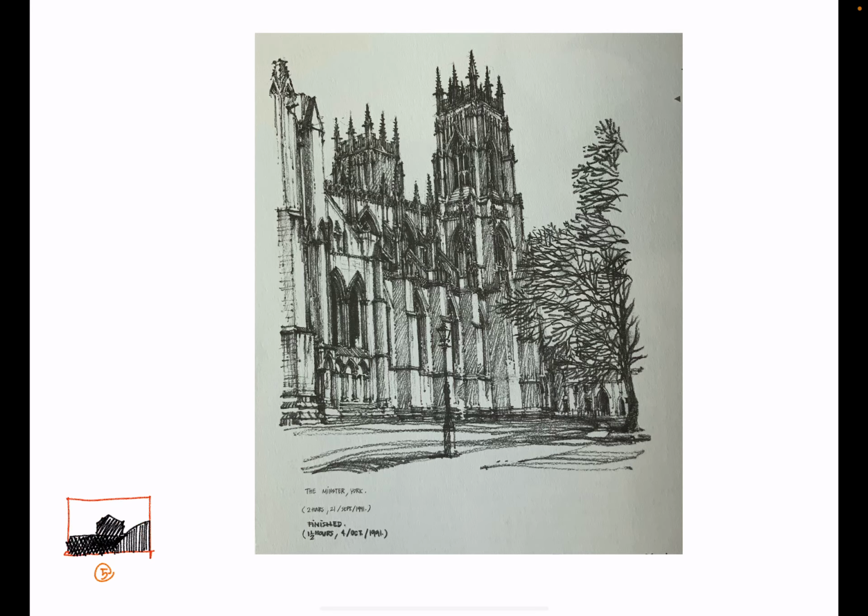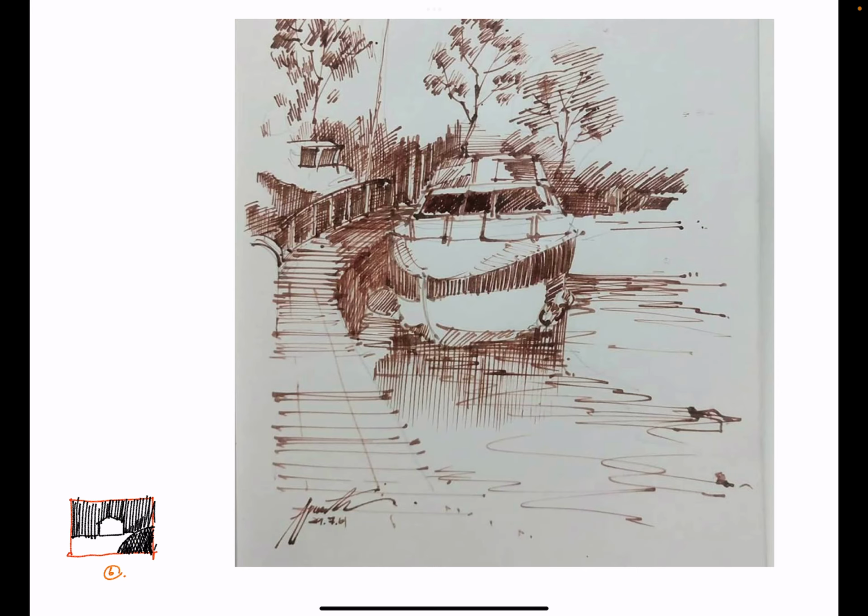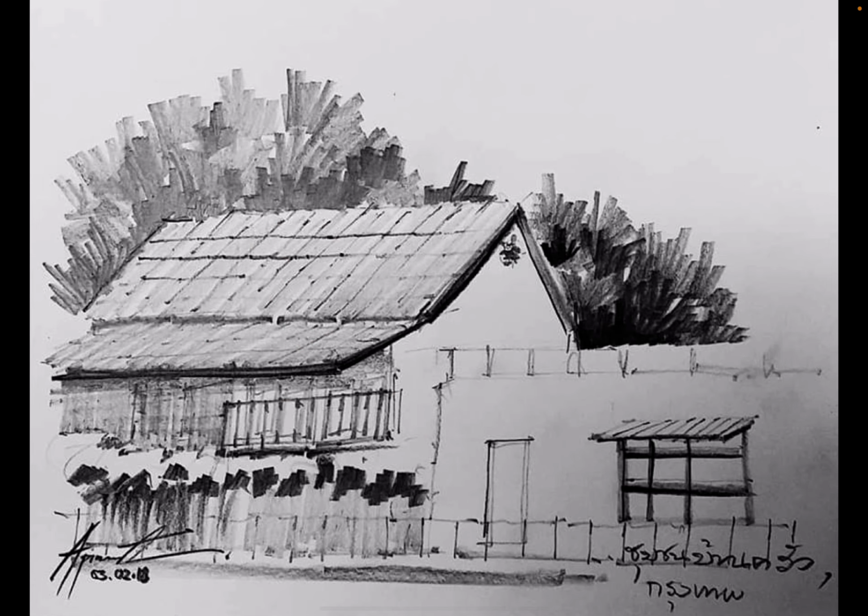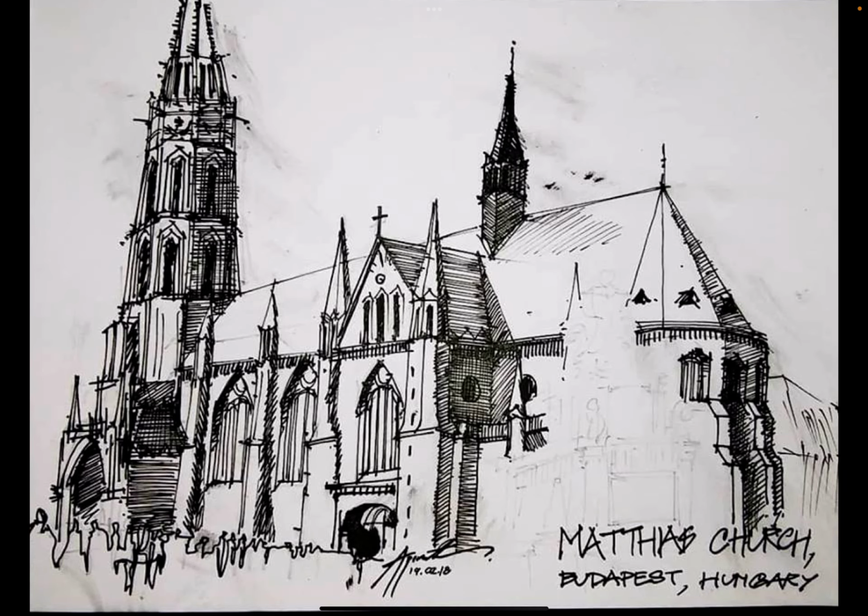But on the other areas, if we put in too much detail, it will gain the focus and take it away from the medium. So we should not focus on any other area.